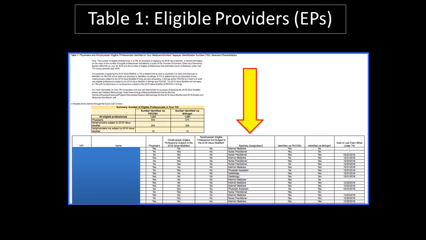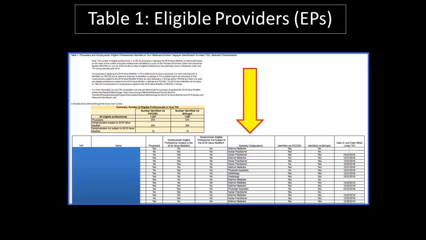So this becomes important from a benchmarking standpoint. For example, internal medicine physicians are benchmarked against internal medicine physicians. Cardiologists are benchmarked against cardiologists. Within cardiology, electrophysiologists are benchmarked against electrophysiologists, and so forth.